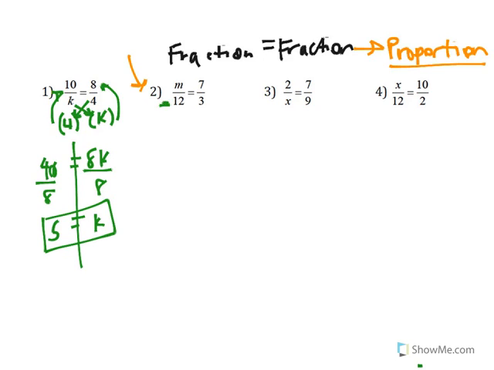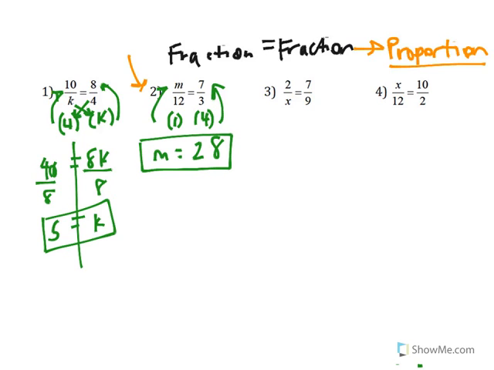Instead, let's make the GCF 12 here, and we'll just put these numbers down here. Now, we're still going to have a GCF of 12. We're just working with smaller numbers. So now, we multiply the bottom by the top, and we get M equals 7 times 4 is 28. That's much easier, right?